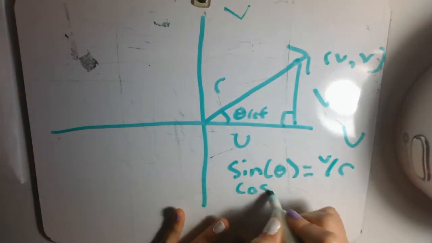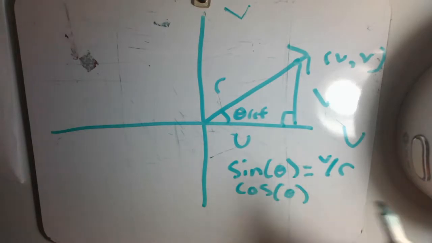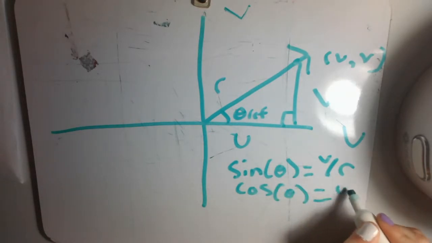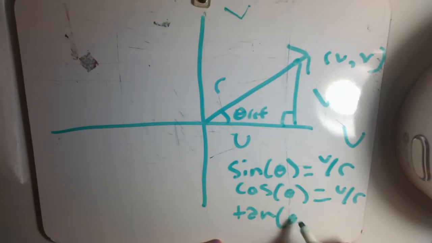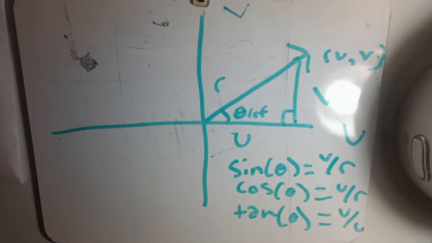That would make cosine U over R. And that would make tangent V over U. We can also do the reciprocal of these trig ratios, and that's going to come in handy later.